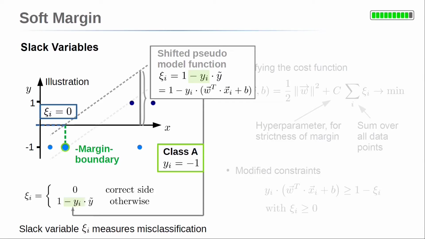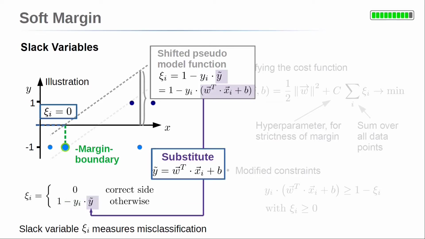So this holds our previous considerations, and we still have 1 plus y tilde for class A. However, this more general expression also holds for class B. We can substitute the pseudo-model function y tilde equals the parameter vector w transposed times the vector of the input variables x plus the parameter b.